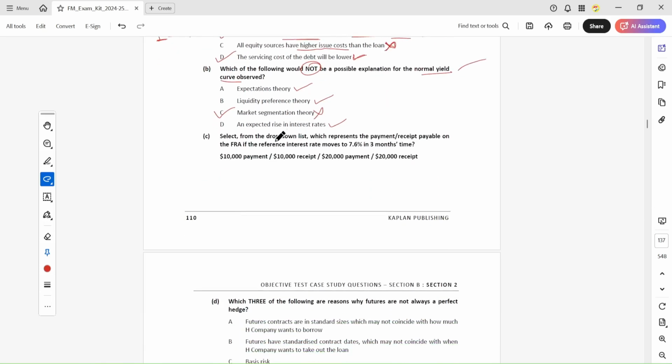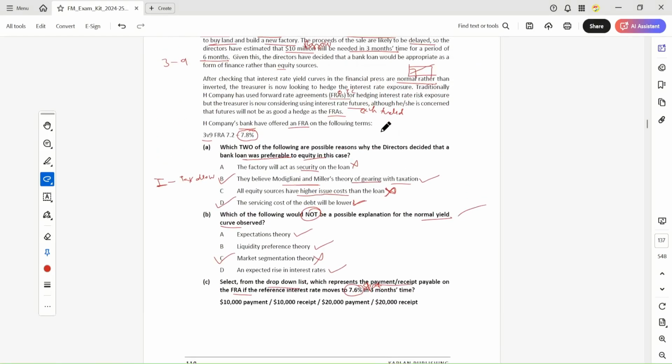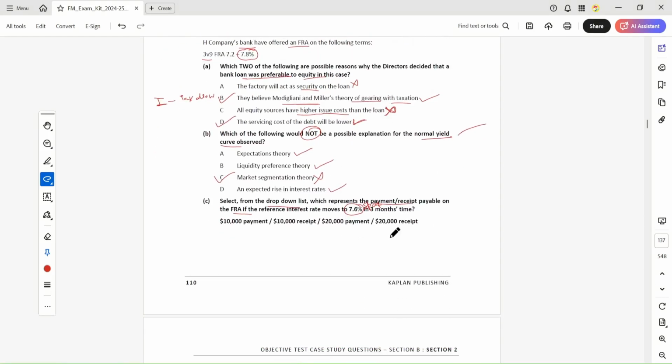Select from the drop down list whether it is a payment or receipt payable due to FRA. If the reference interest rate moves to 7.6, you see the spot is this, and the FRA is 7.8.